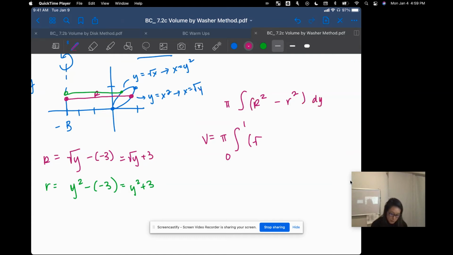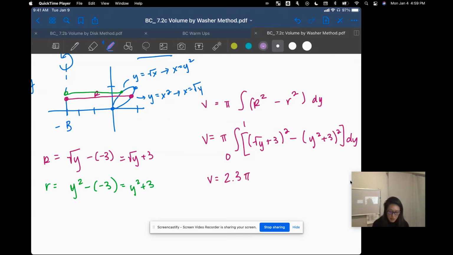All right. Is the square root of y plus 3 squared minus the inside ring, which is y squared plus 3 squared, dy. Calculator. Volume is equal to 2.3 pi. And again, there was a bunch of zeros, but it ended up rounding to 2.3.